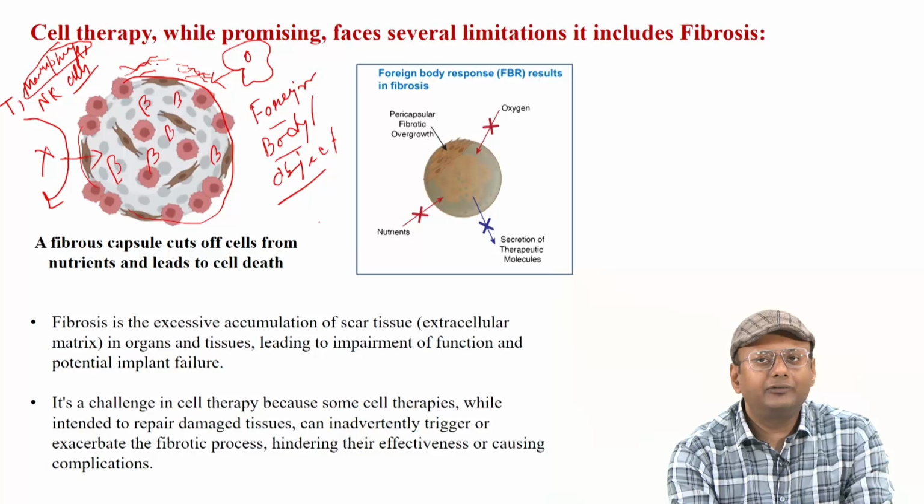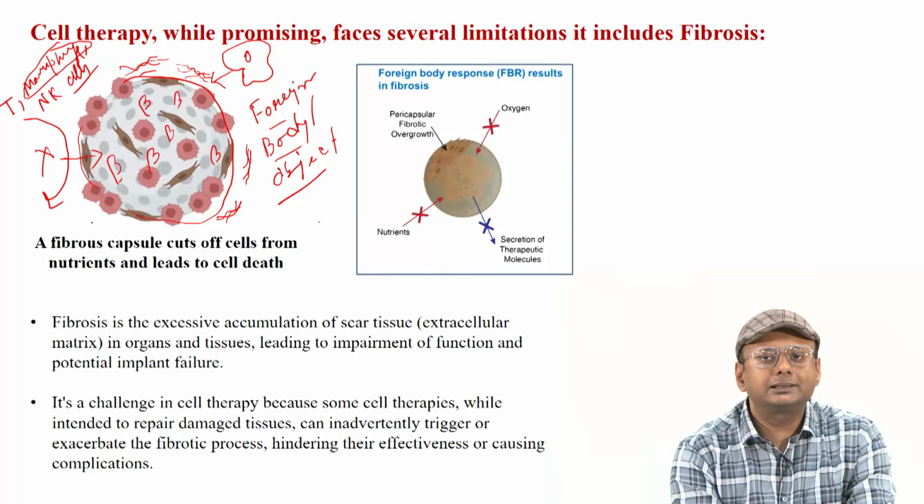What is fibrosis? Fibrosis is basically a combination of fibroblast cells and collagen.